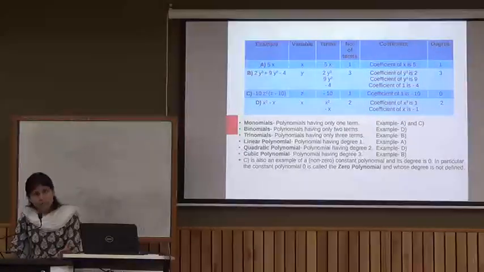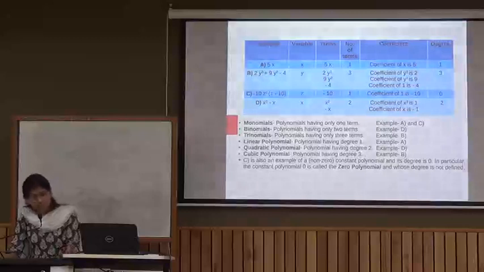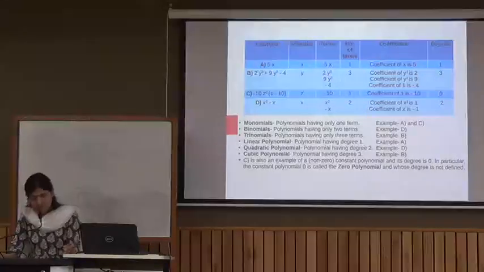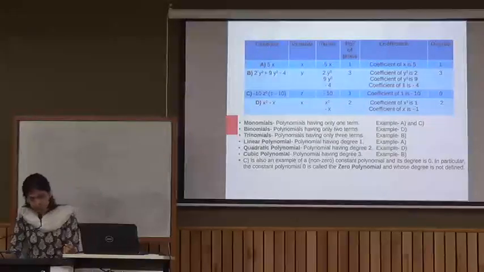Now, as you can see in this table, example A and C, that is 5x and minus 10 z power 0 or minus 10 are the polynomials having only one term. Therefore, these are monomials. Subsequently, example D, x square minus x is a binomial, and example B, that is 2y cube plus 9y square minus 4 is a trinomial.